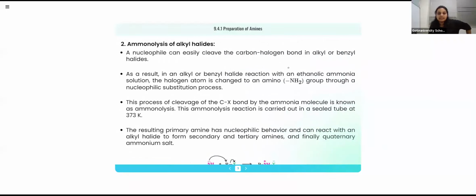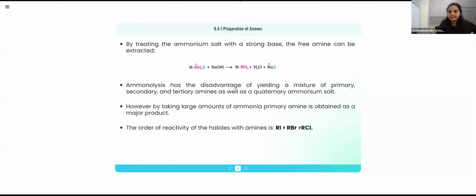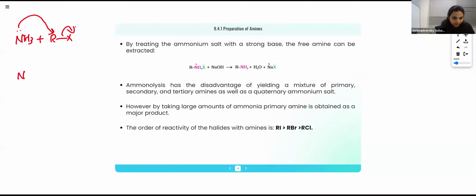See, NH3 and RX. There is a lone pair of electrons. Using the lone pair, they will attack there, and the electrons will move there. Then the R group attacks the nitrogen using the lone pair of electrons, and you will get an NH4 plus type, meaning nitrogen connected to 4 bonds with a positive charge.